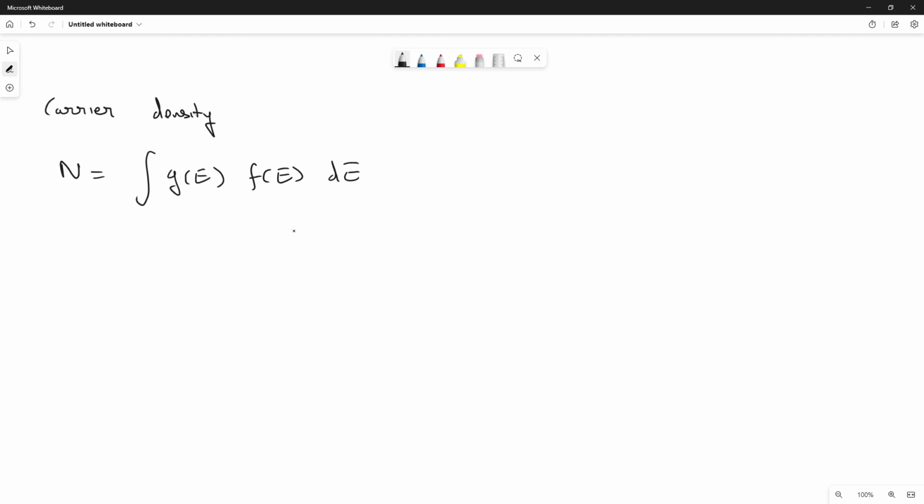Is this clear as to why we wrote this? This tells me the number of available states, and this tells me the probability of finding electrons.